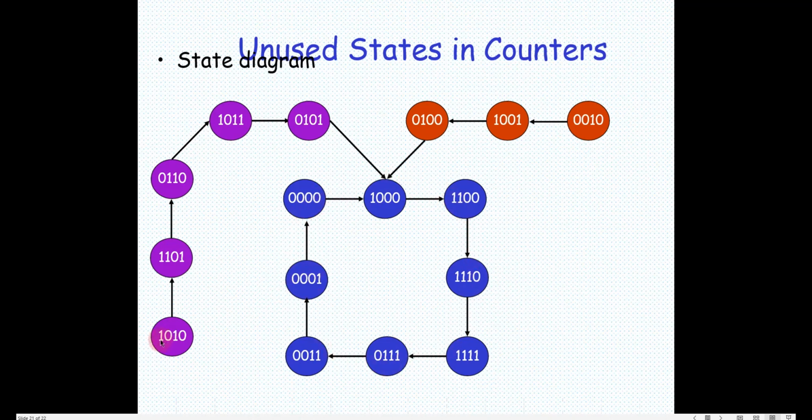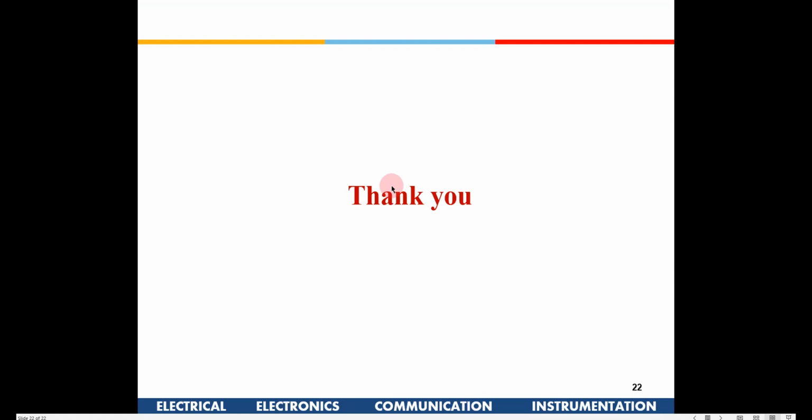Suppose for some reason it goes to 1 0 1 0, then in 4 or 5 clocks it will come back into this loop and start rotating in this loop. Similarly, suppose this is the state, in 2 clock cycles it will come back into this loop. So this is how it is done.